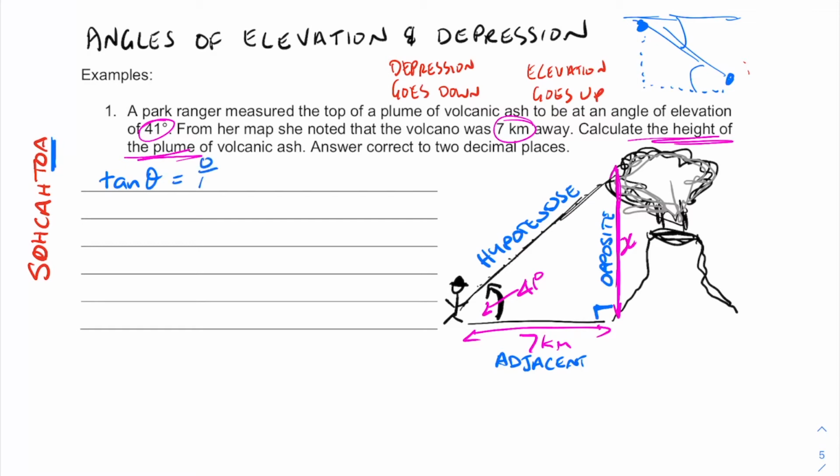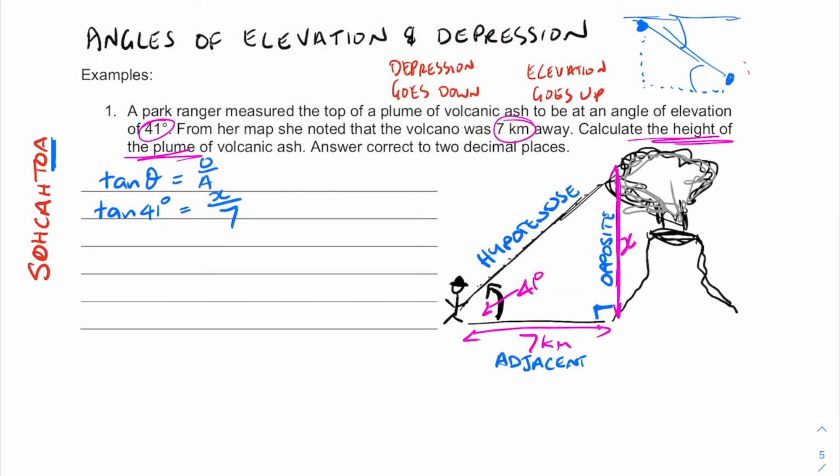Tan theta is opposite over adjacent. My next task is substituting. I know that my angle is 41 degrees, my opposite side is x, and my adjacent side is 7. Now we just use a little bit of basic algebra.